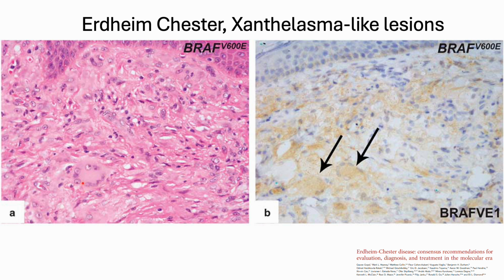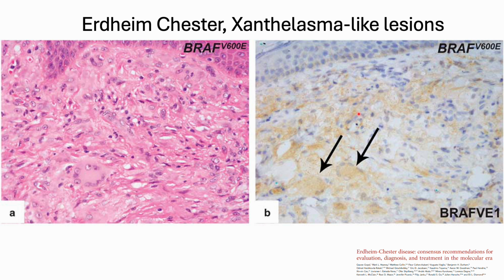Here's a multinucleated giant cell, a bit like a Touton type giant cell, and then there's some nondescript histiocytes and foam cells. But here's the BRAF V600E immunostain showing that these Touton type giant cells plus many other histiocytes in this biopsy actually have a BRAF V600E mutation.